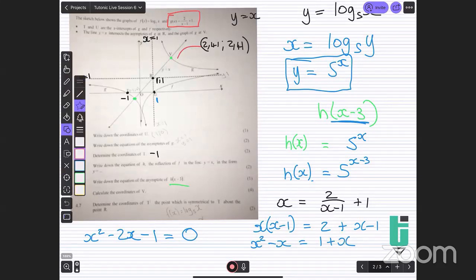So there's T and there's R. And they want you to find the point which is symmetrical. What do you guys think? So it's on the hyperbola.